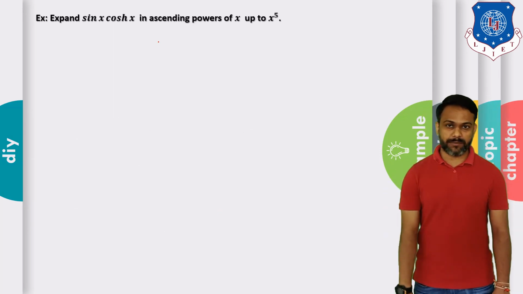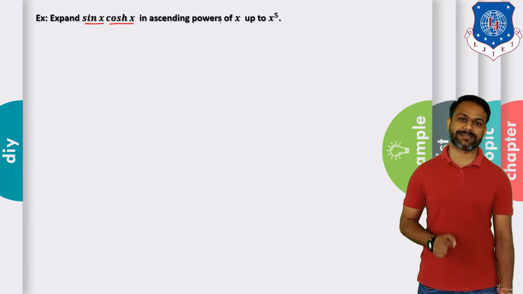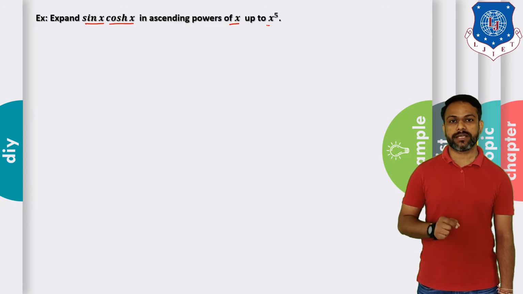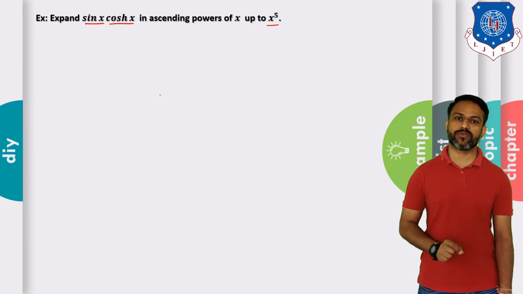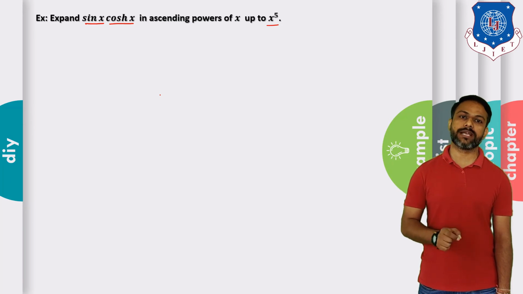Now we have another example. Expand sin x into cos hyperbolic x in ascending powers of x up to x raised to 5. Here we have to expand this function up to x raised to 5, so we will take the standard expansions up to x raised to 5.